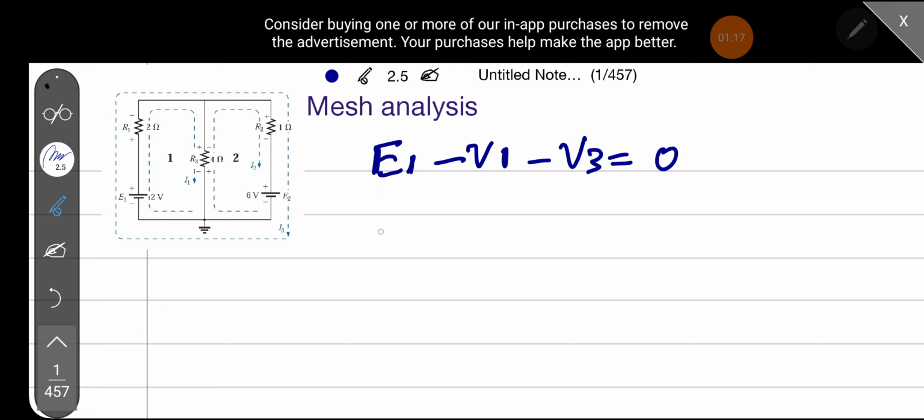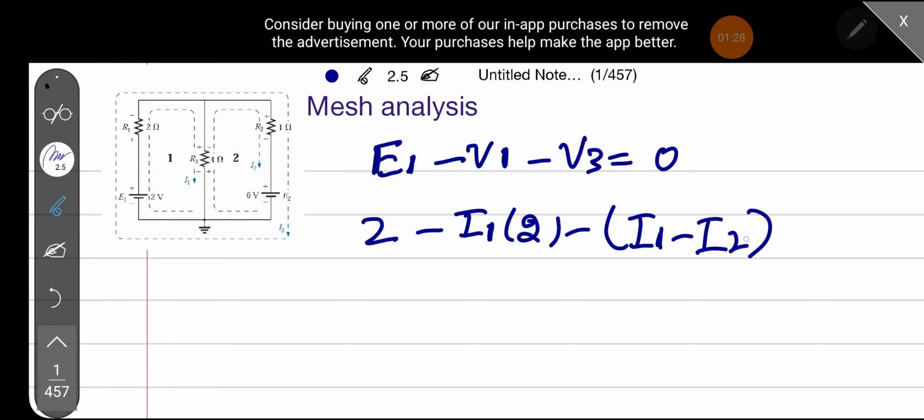So putting all the values in this equation, I1 times 2 ohm and (I1 minus I2) with the 4 ohm resistor. As we know that the I1 current and I2 current are in opposite direction, so the current flow inside the branch with the resistance R3 will be I1 minus I2.